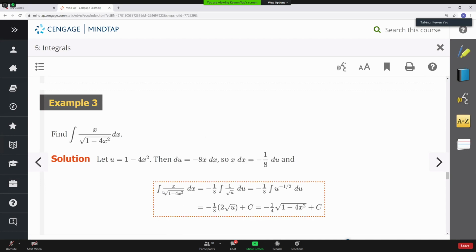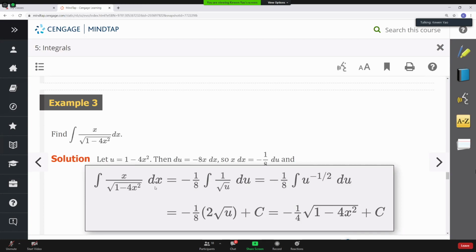Now you can convert everything in terms of u, right? So x dx is negative 1/8 du, and the rest is square root u. Again, this is a power function, u to the power negative 1/2. You can apply the antiderivative for the power law, n plus 1, remember?